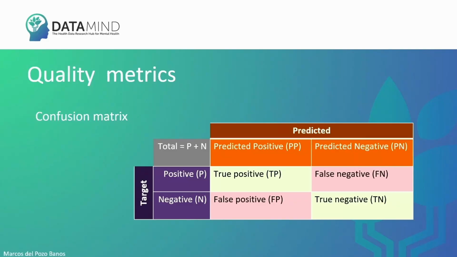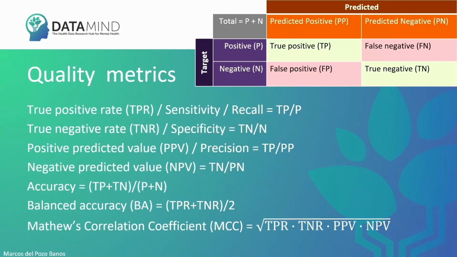And then from this confusion matrix, we can extract a number of quality metrics. Here is a list. These are by no means all the quality metrics that we can extract from a confusion matrix, but they are the most commonly used.